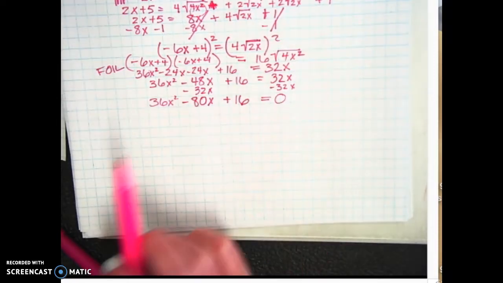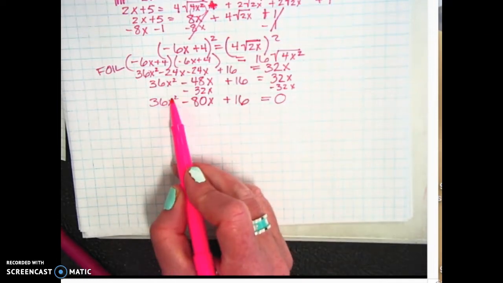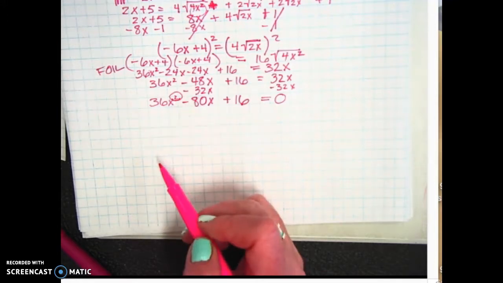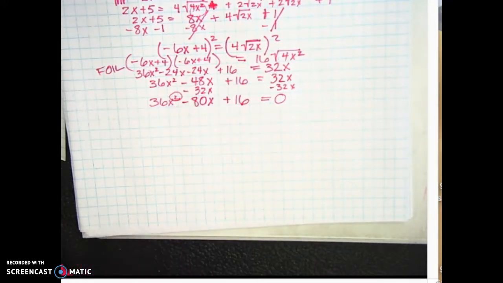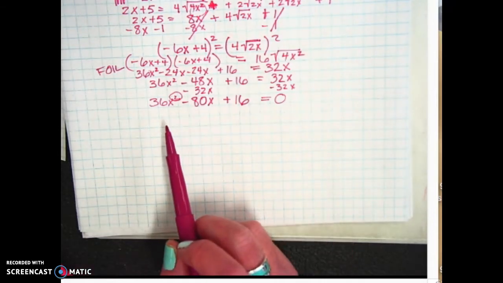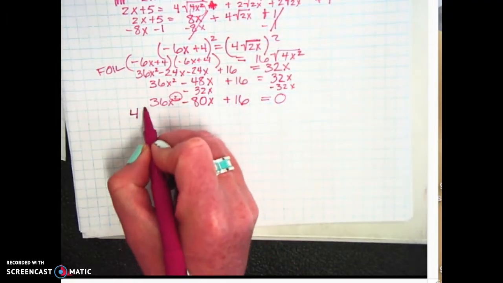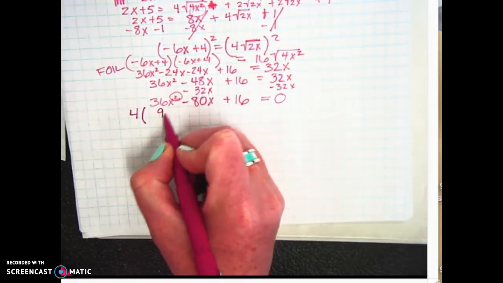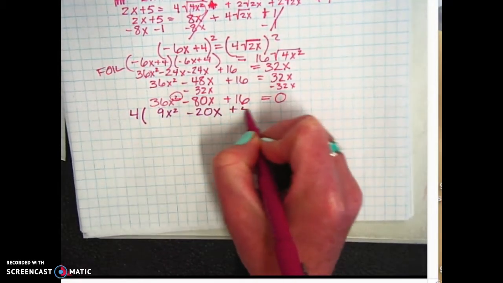How many solutions should we have? Remember, there's a hint. Look at the exponent. So how many factors should we have? Or solutions? We should have 2. Okay? First, look to see if there's a GCF. Yeah. So I'm going to pull out a 4, which will leave me with 9x squared minus 20x plus 4.